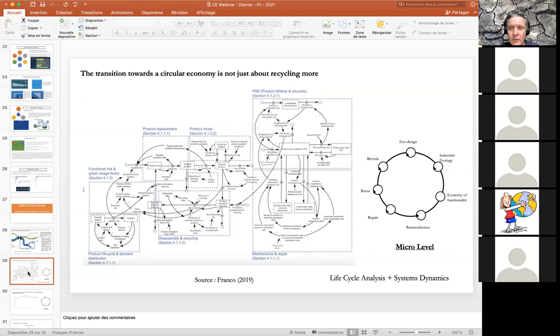If, for example, at the company level, or even at the national level, you are not able to have a very detailed understanding of what product reuse or product recycling or repair means, you will be focused only on the recycling aspect. So I think there is a big issue here to develop the other R of circularity and not only to focus on recycling.